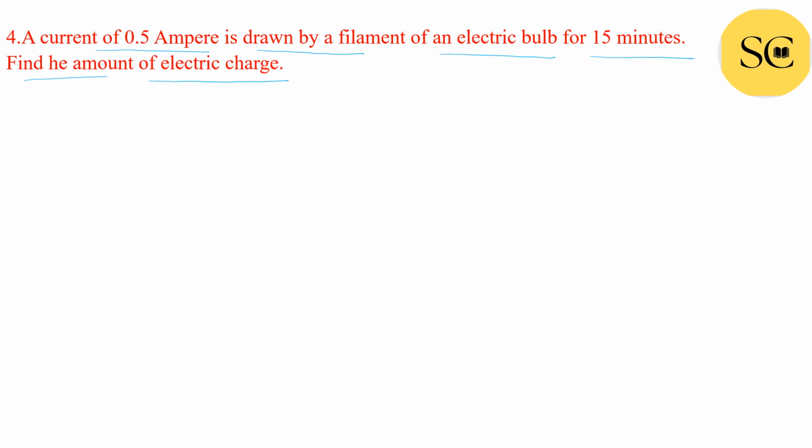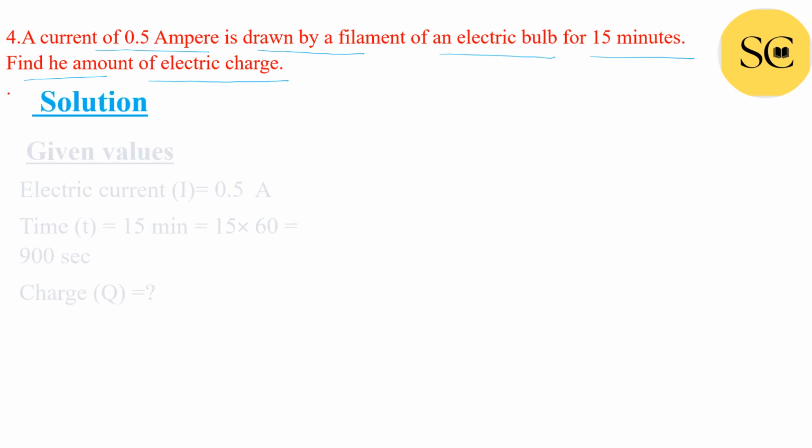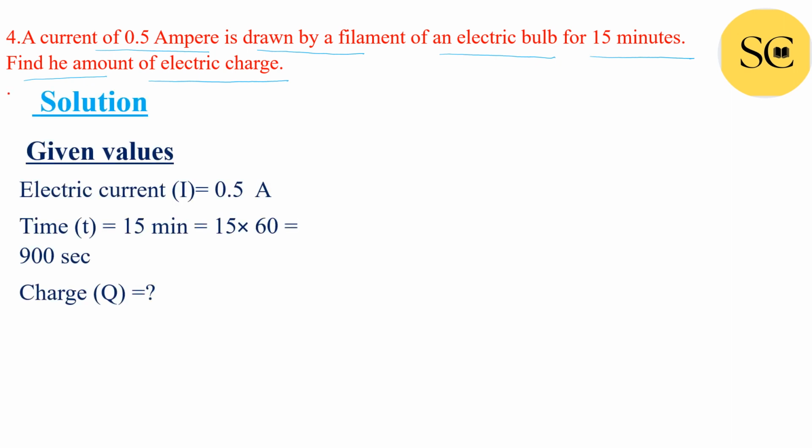First the given values: we have electric current 0.5 ampere, time has been given 15 minutes, but we will change it into seconds. So 15 into 60, now we have 900 seconds, and we will have to find charge Q.